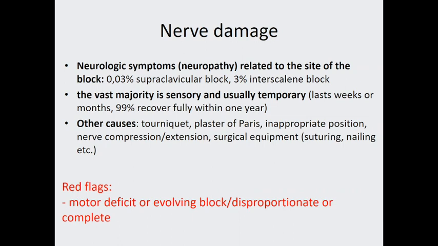So by having this tourniquet, by immobilization of the hand, inappropriate position of the limb, nerve compression, too much extension, surgical equipment, it can also cause nerve damage, not only anesthetic performance. And it's important, when the person sees a doctor, an anesthesiologist, for nerve damage, to keep in mind that other possibilities of nerve damage are also possible.